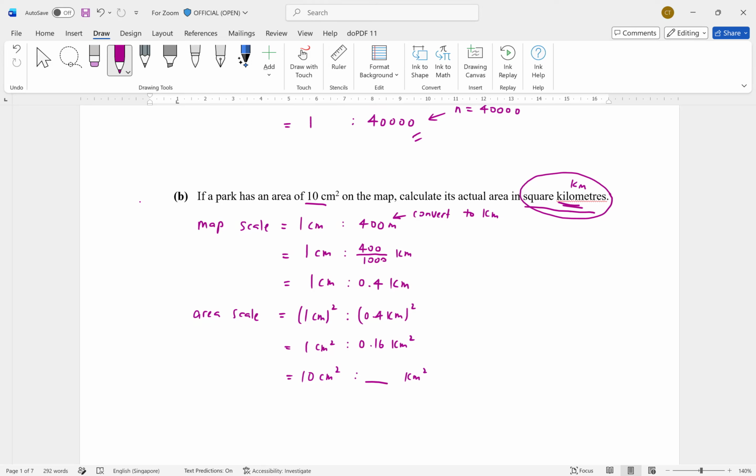To go from 1 to 10, we will times 10. Whatever you do on the left side, you just do the same thing on the right side. So this will be 1.6 kilometers square. This is the answer that you write in the answer space. 1.6 kilometers square will be the actual area of the park on the ground.